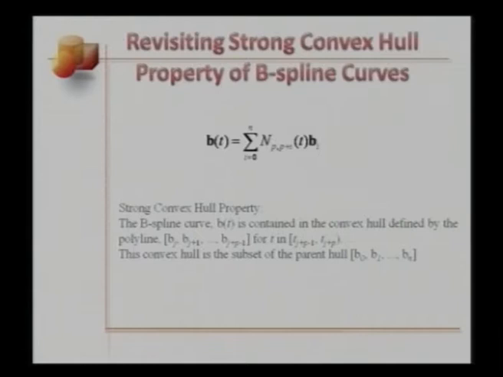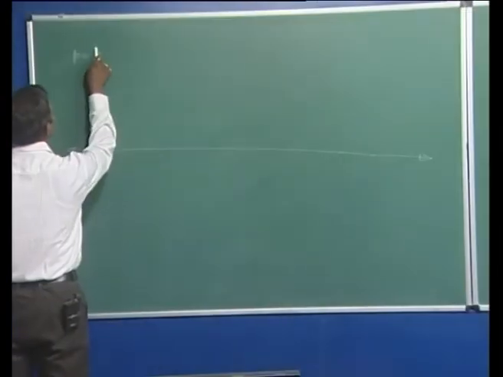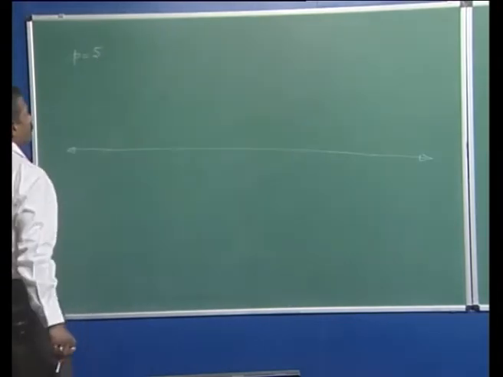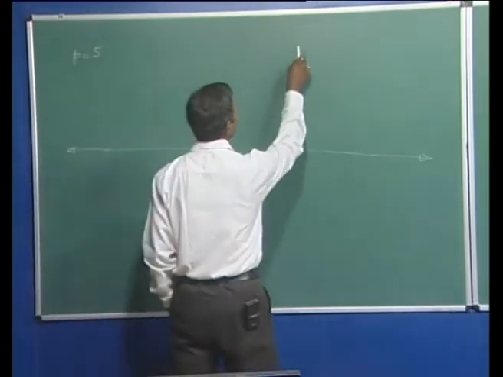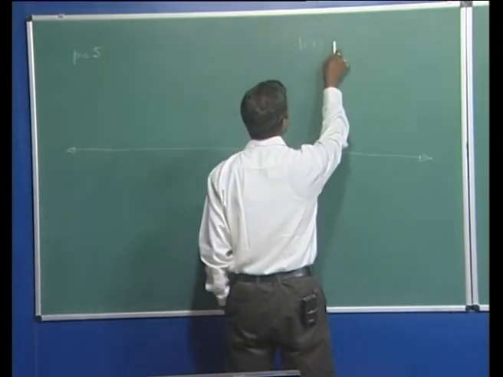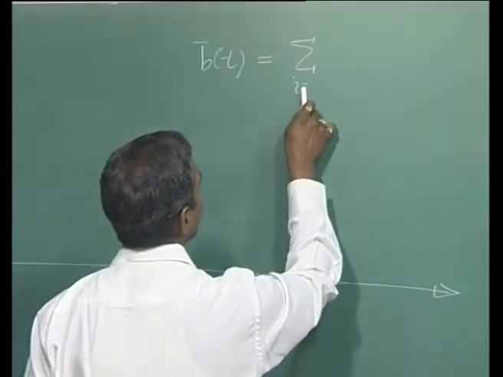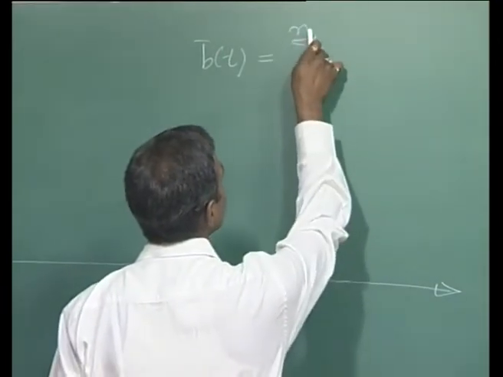Just in case you think you are getting lost in these indices, let me try to explain how this property works on board. Let's try to work with order 5 B-spline basis functions. We have the definition of the B-spline curve, b of t, a vector, equals summation i going from 0 to n.